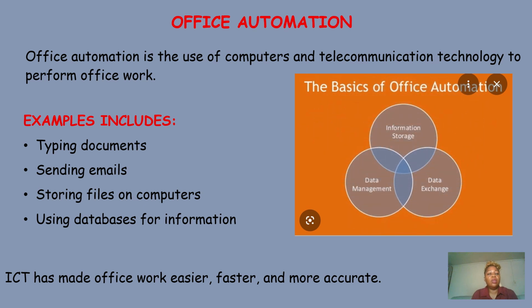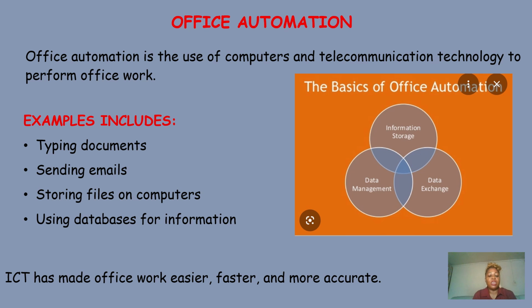Now, having known what ICT as a transformation tool is, let us see what office automation is all about. Looking at the screen, we see a diagram showing the basics of office automation, which has to do with information storage, data management, and data exchange.